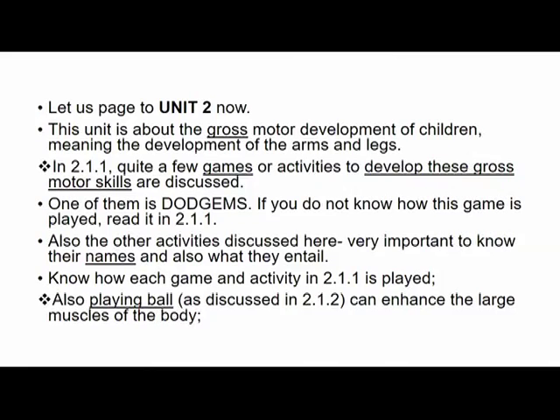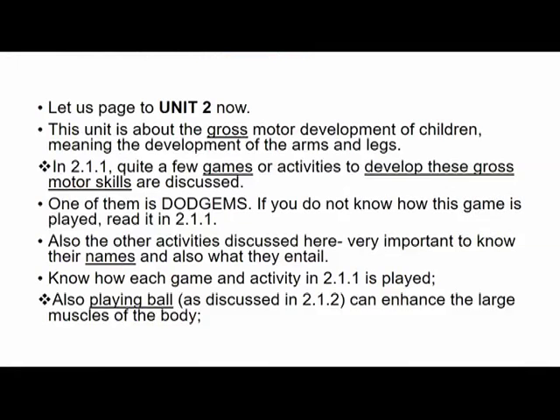One of them is dodgems. If you do not know how this game is played, read and study it in 2.1.1. Also, the other activities discussed here, it is very important to know their names and also what they entail. Know how each game and activity in 2.1.1 is played.